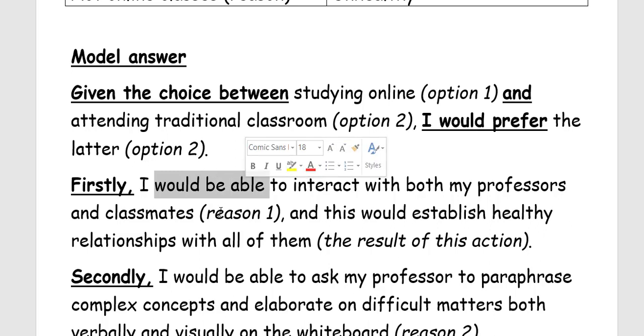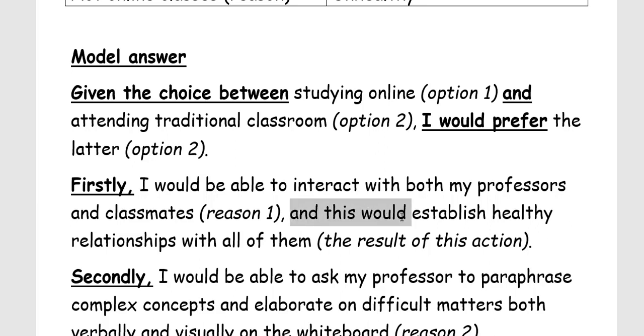So I would be able to. Next, here make sure to use this strategy and this would. So, when you want to talk about the result, and this would establish healthy relationships with all of them. You can also say as a result, this would establish, okay, or just and this would, okay.